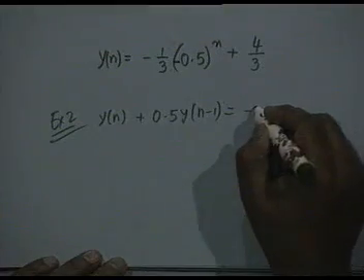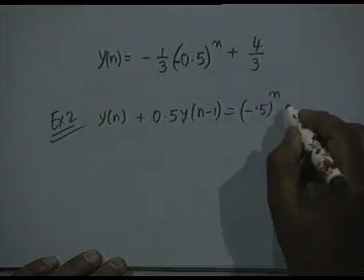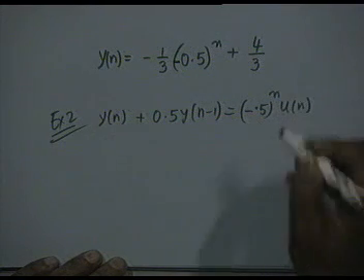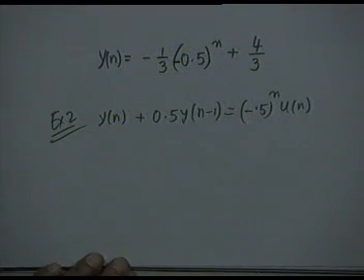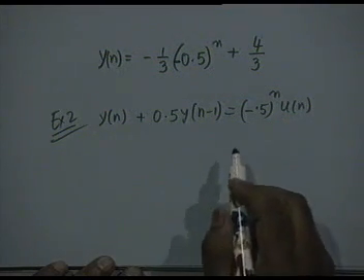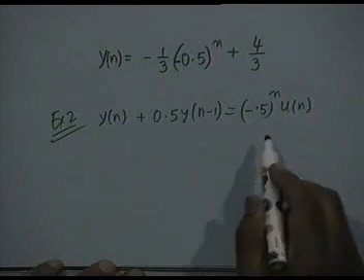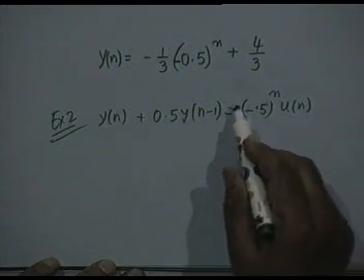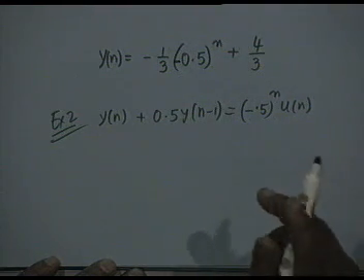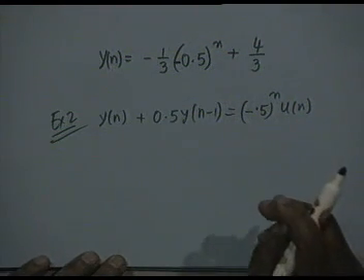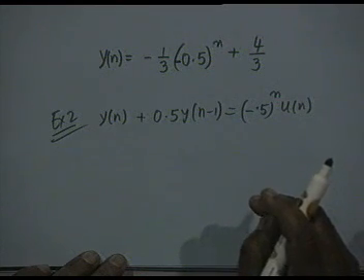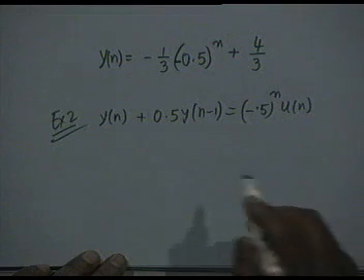Okay, let's take minus 0.5 to the power n u of n. Okay, now you have a problem. The input is of the same form as the eigenfunction of the system. Okay, lambda to the power n.